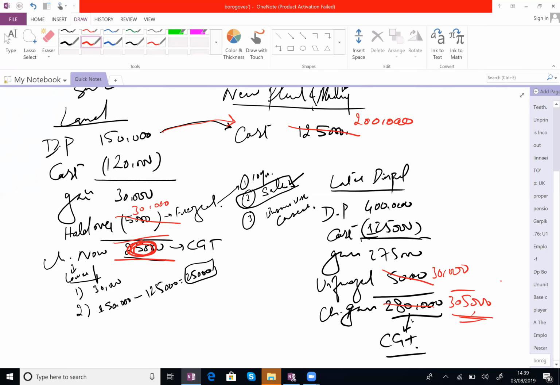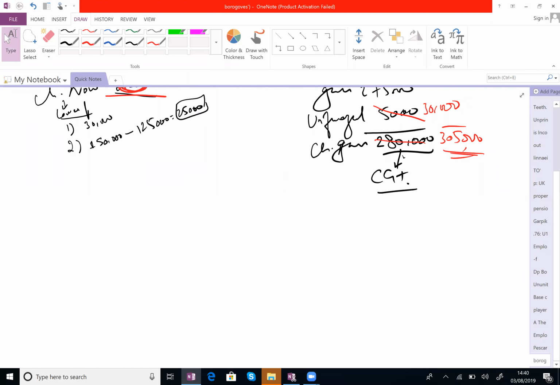No, you have to identify it is a holdover relief, and you will freeze this gain, and also mention this frozen gain will become chargeable on the earlier of 10 years having passed from the purchase of the new plant and machinery, or when the new plant and machinery is sold in future, or when the business use of the plant and machinery is ceased. Done? Yeah. That's it. Easy.